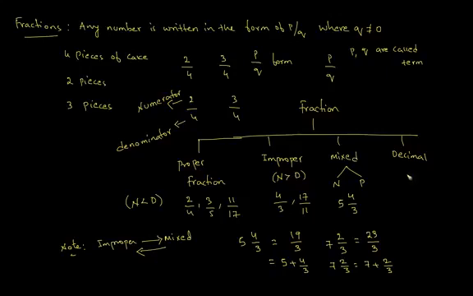A fraction is called a decimal fraction when the denominator is in the form of tenths. That means 1 by 10, 1 by 100, 1 by 1000, and so on.